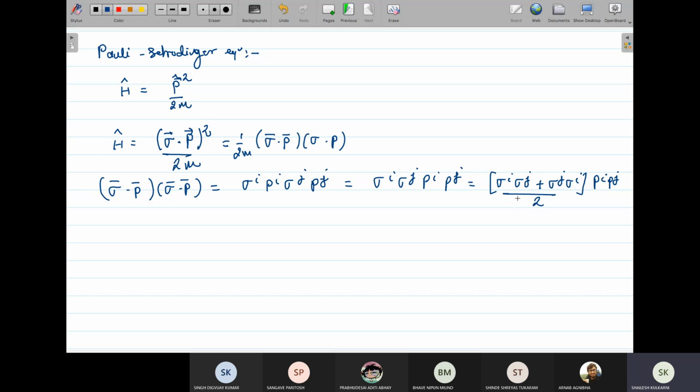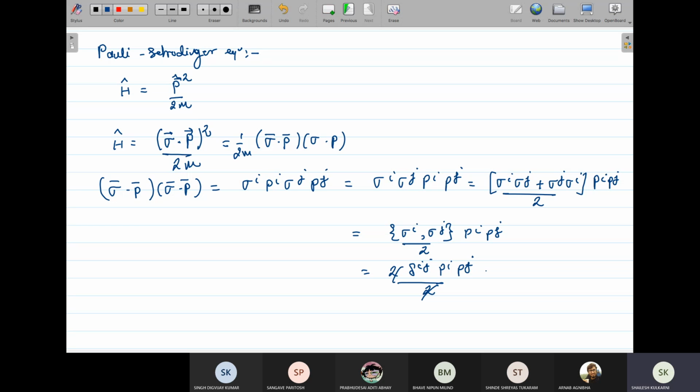I use the symmetric property of p_i p_j. But sigma_i sigma_j plus sigma_j sigma_i is the anti-commutator of sigma_i, sigma_j, divided by 2, times p_i p_j. The anti-commutator is twice delta_ij, and divided by 2, so these two will cancel.